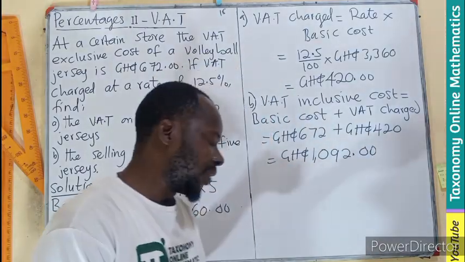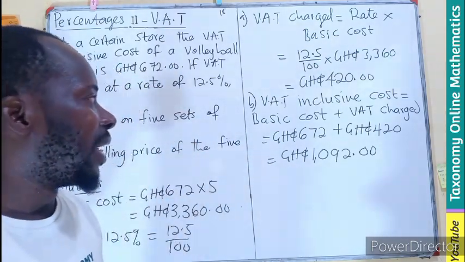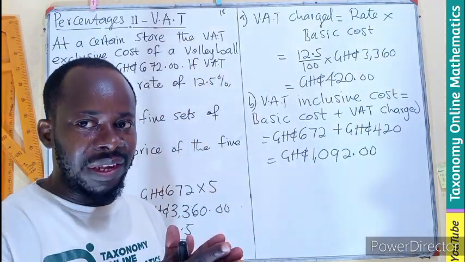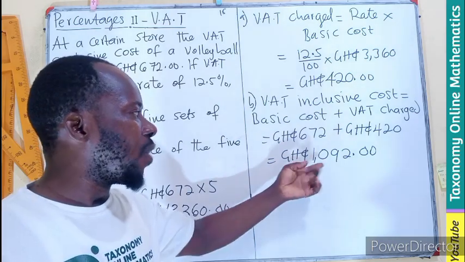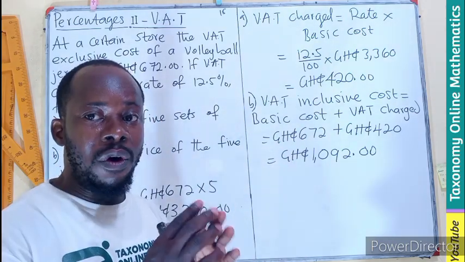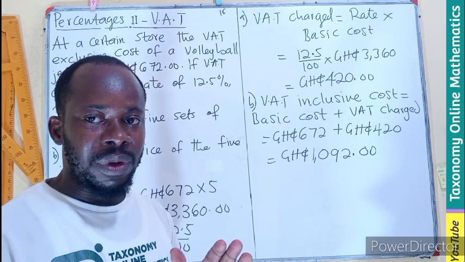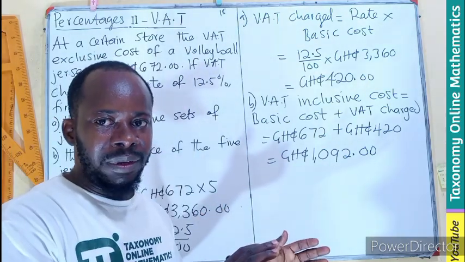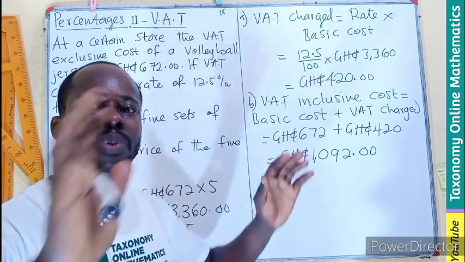So this figure is the total cost. If you are going to pay for all the 5 jerseys, you are going to be paying this amount. In this case, the VAT component has been added, so it becomes the selling price.